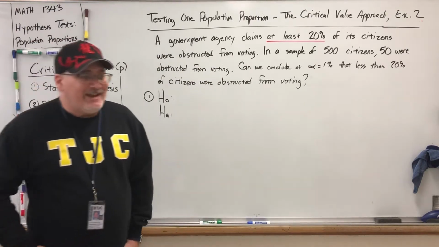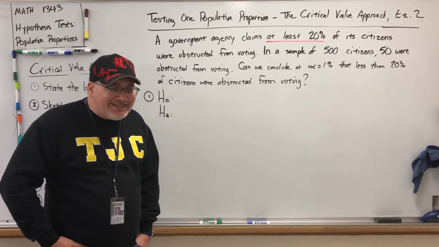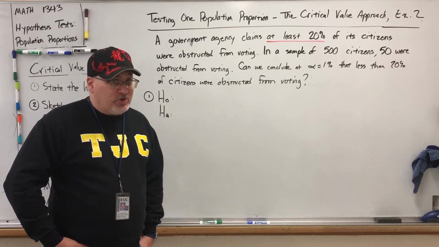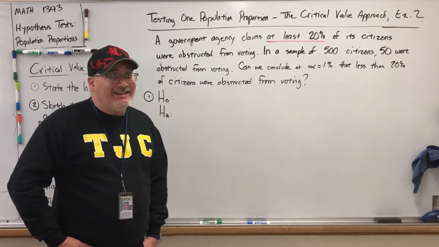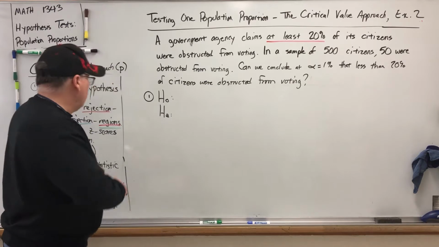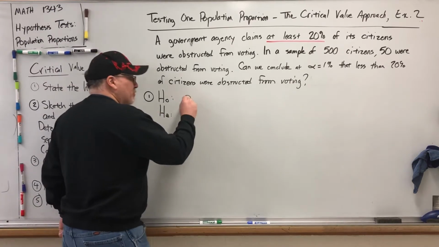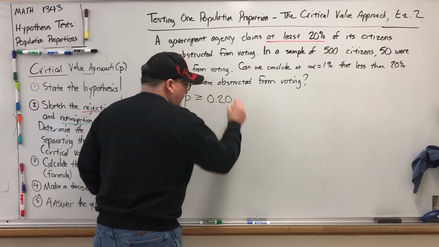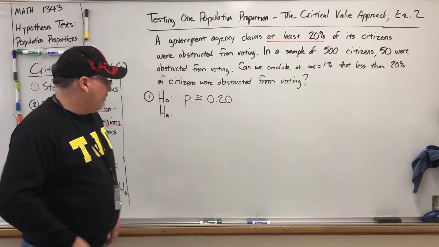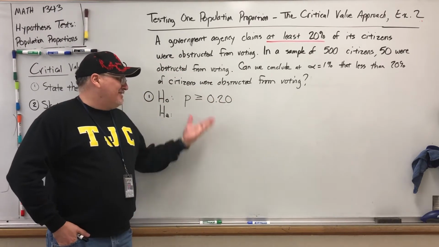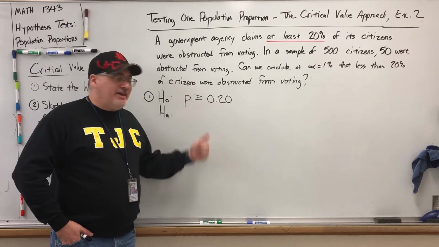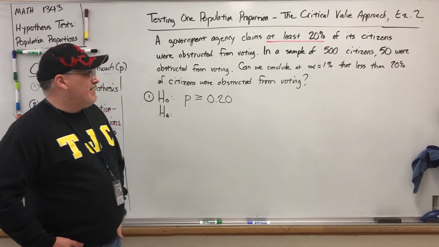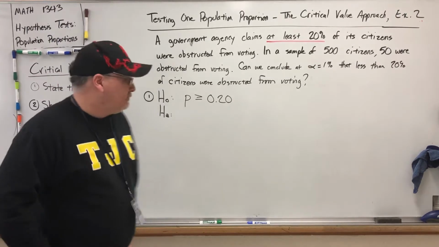The fact that they said at least 20% means we're talking about proportions and saying that it is at least 20%. To be at least 20% means to be greater than or equal to 0.20. And again, that has to be our null hypothesis because this claim permits equality. It allows for the possibility that it's exactly 20%.